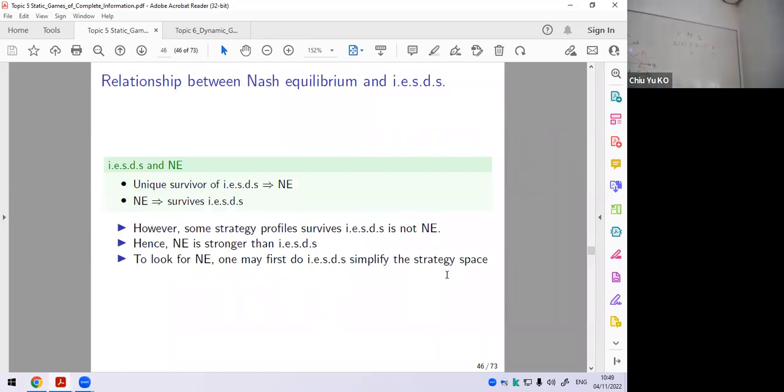Now, how is Nash equilibrium related to dominance?